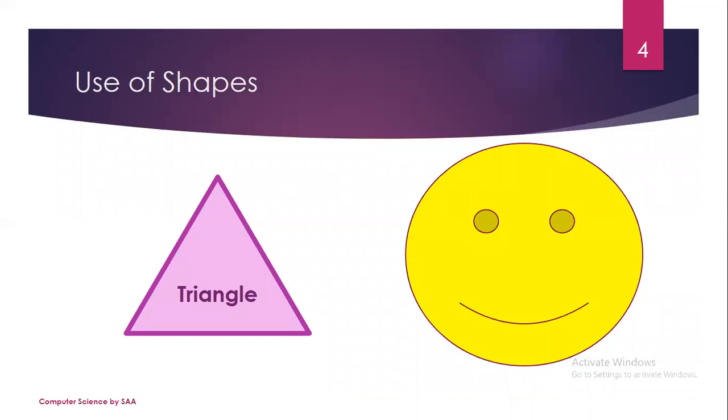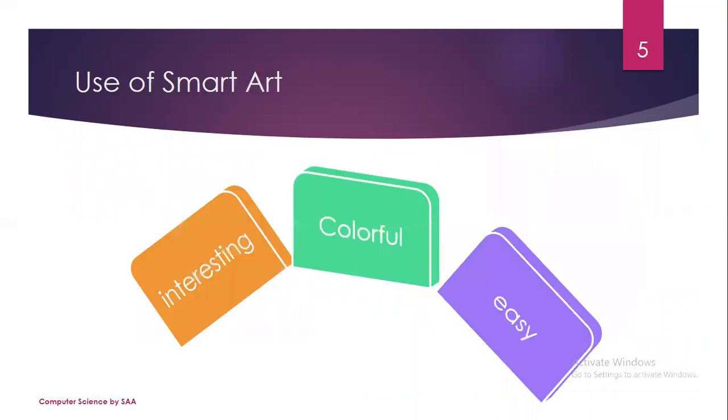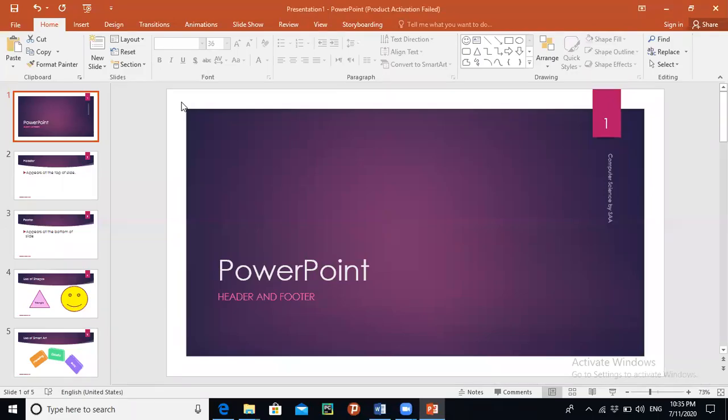This is the fourth slide, in which we have discussed use of shapes, and this is the fifth slide, use of SmartArt, and this is the last slide, as we have created only 5 slides. Now I am again going to press this bottom key from my keyboard. So here you can see the black screen, which shows that this is the end of the presentation and end of the slideshow.